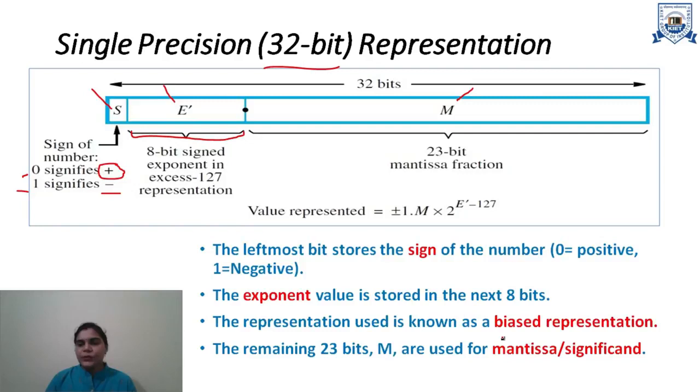Exponent is used in biased representation, and the bias value for 32-bit representation is 127. Next, 23 bits will be used to store mantissa or fraction part. So left bit will store sign, next 8 bit will store the exponent, and exponent will be in biased representation, and remaining 23 bits will be used for storing mantissa and significant part.